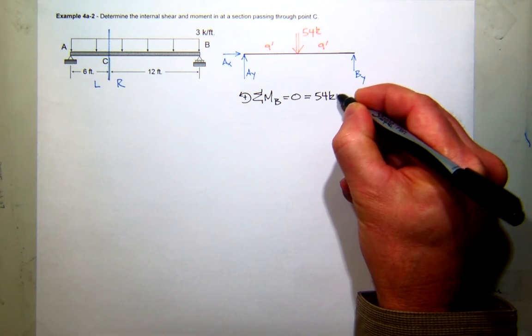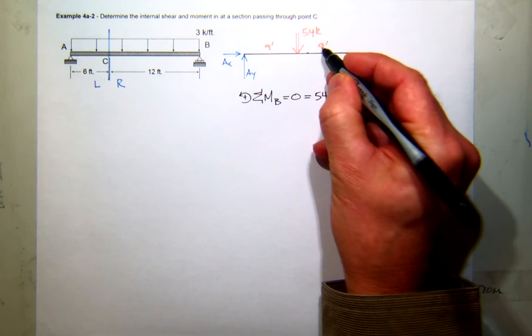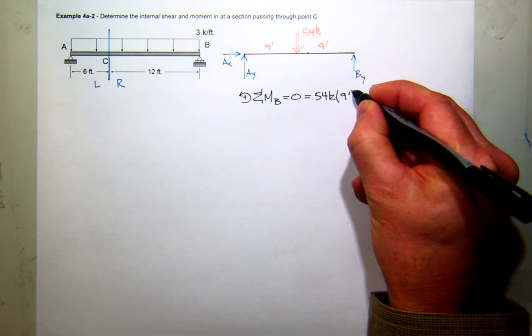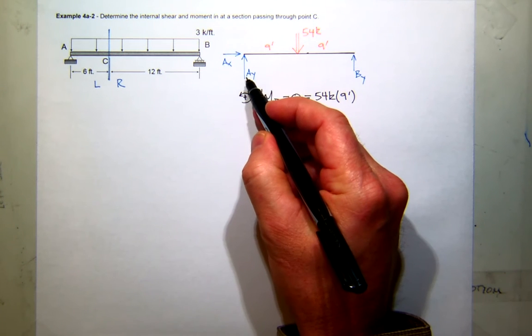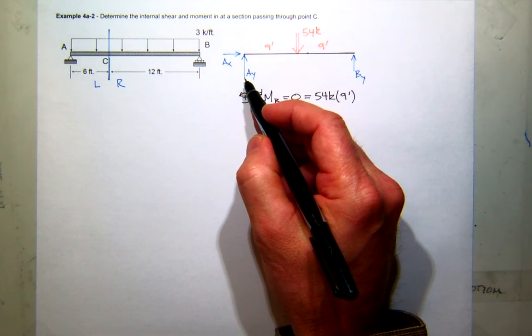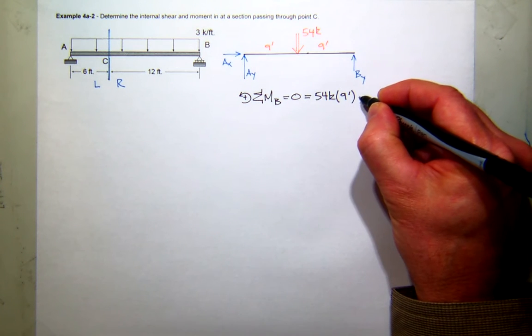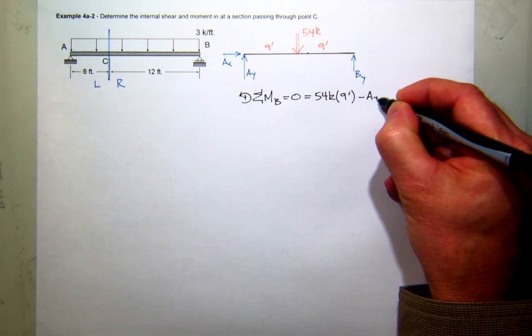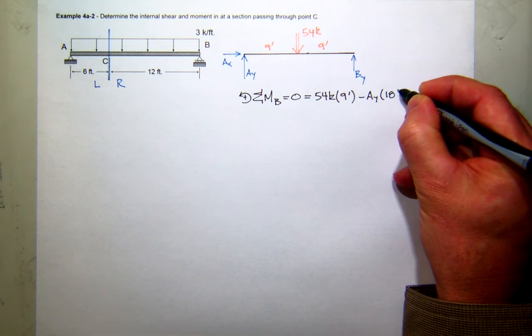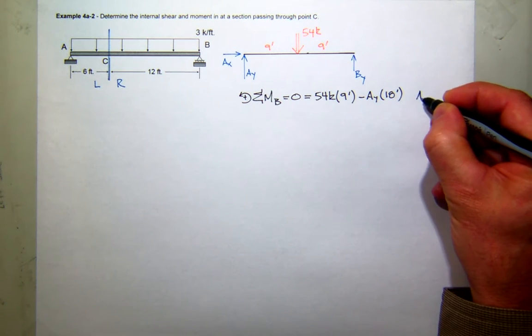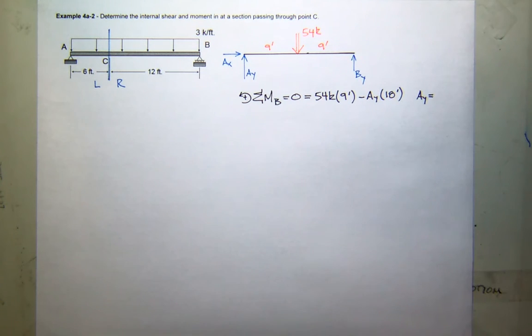So 54 kips. The moment arm is half the distance, or 9 feet. And then my reaction at AY creates what kind of moment about B? Positive or negative? Negative. And that has a moment arm of 18. So it looks like AY is going to be half of 54.